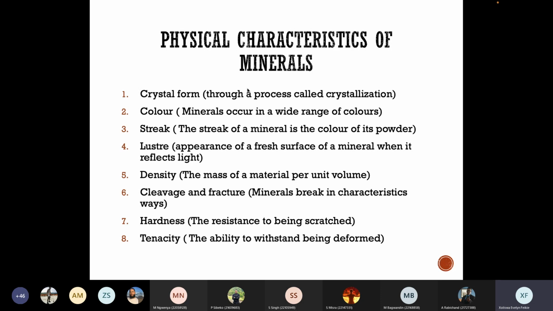Let's say, as an example, you take granite, or maybe a sandstone. You take a sandstone and you take a diamond. You try to scratch the diamond with this sandstone.